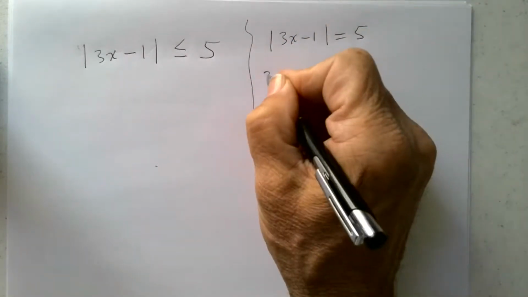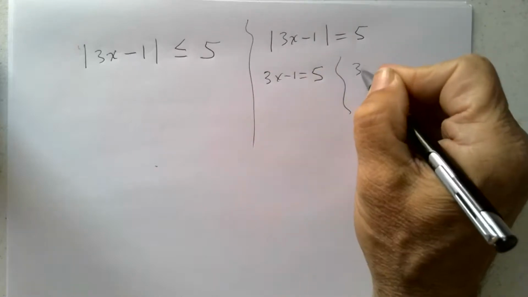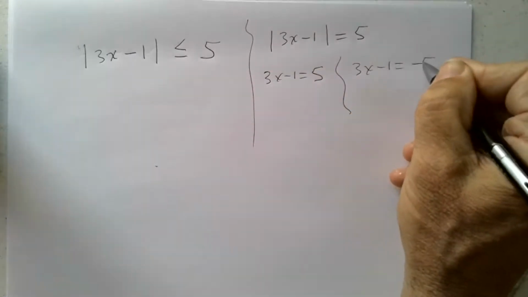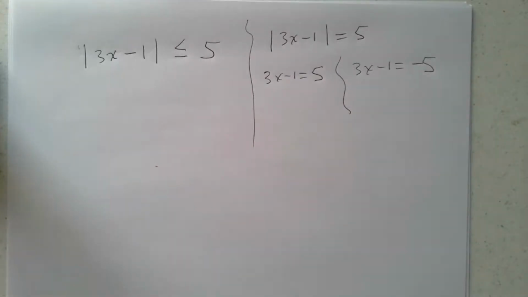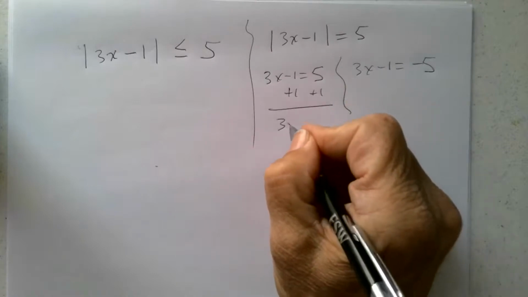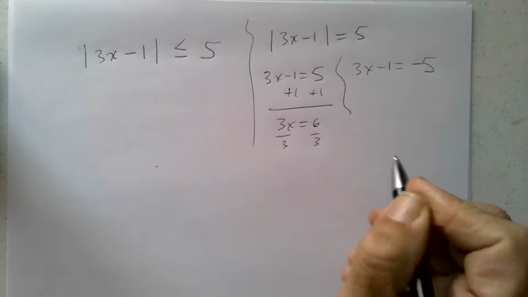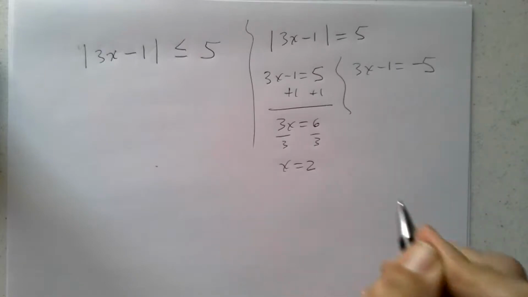Well, if that's the case, either 3x minus 1 is 5 or 3x minus 1 is negative 5. So I can add 1 to both sides. I get 3x is 6. Divide by 3, and I get x is 2 on this side.